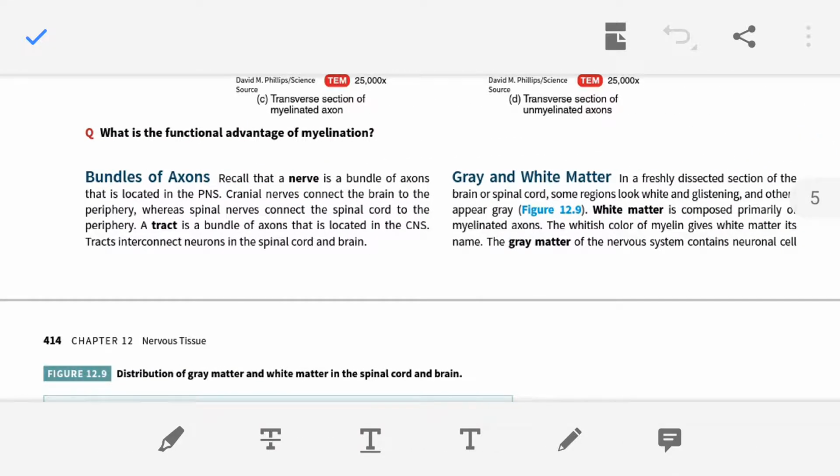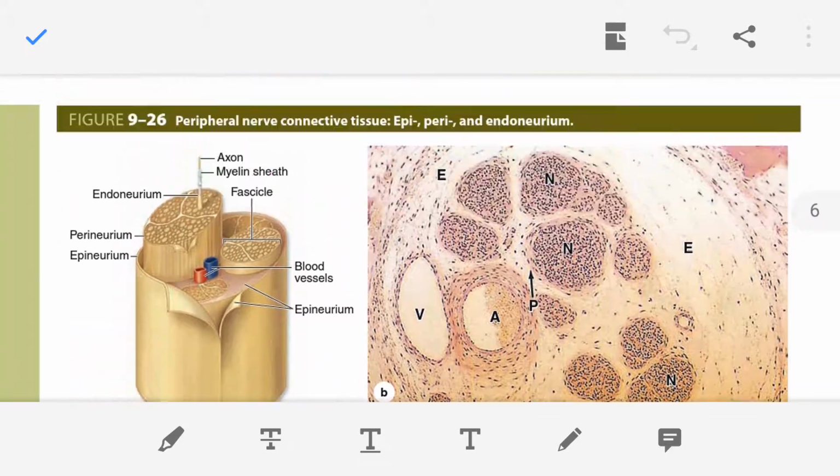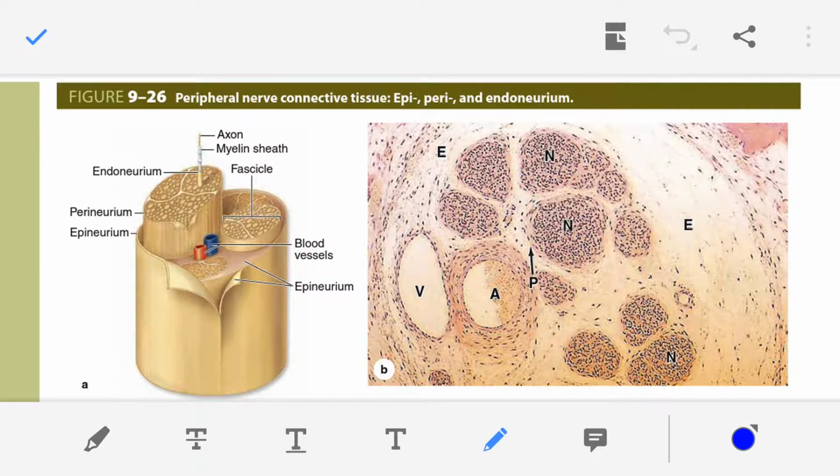Now in the figure I am showing you the structure of a peripheral nerve. So here in the figure, left hand side, the peripheral nerve is shown, and if you observe closely you will find the axons are present. There are many axons.